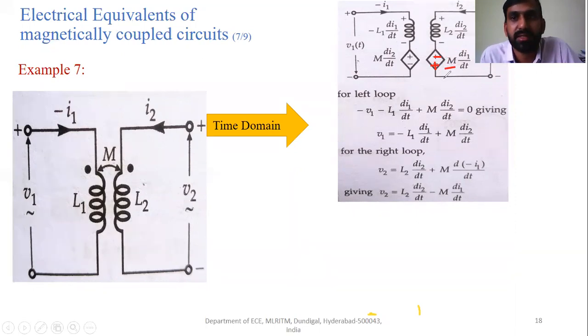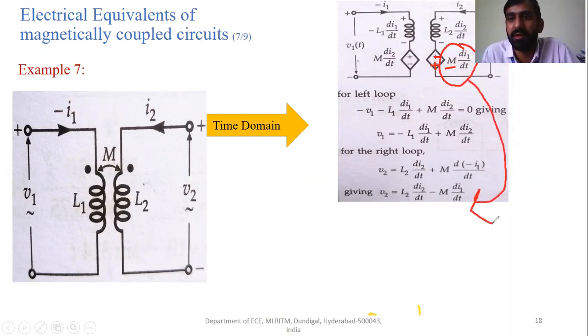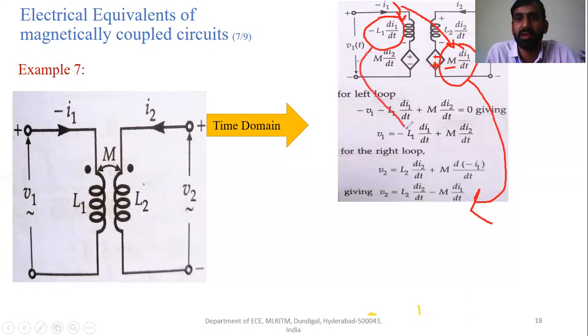If this term is negative, obviously this is going to be negative, right? And here, as this term is negative, minus L1 di1 by dt, because I1 is negative over here. Due to this I1 being negative, this is negative, and here it is minus L1, so this is going to reflect over here.